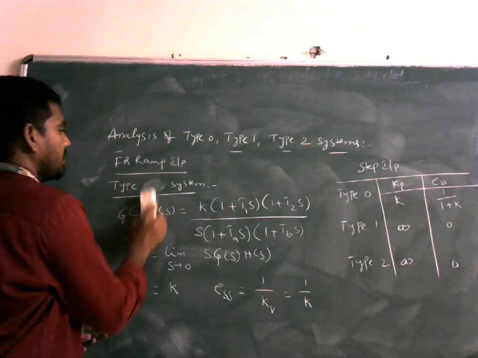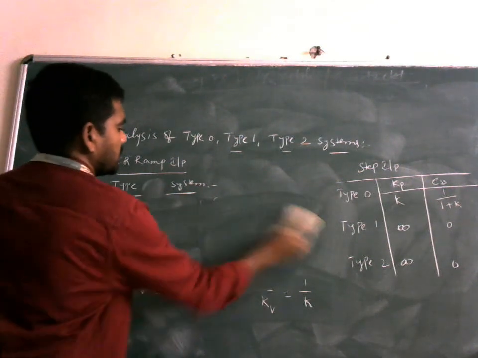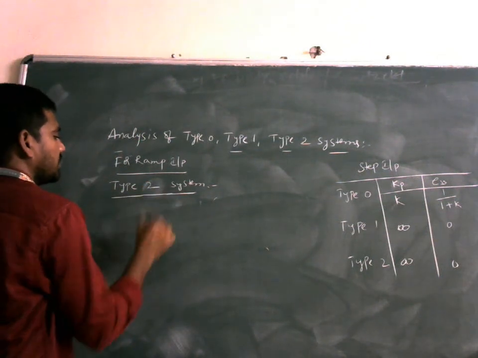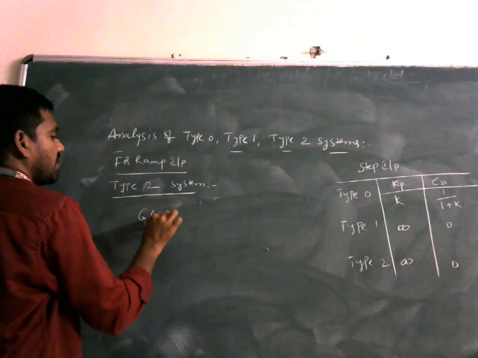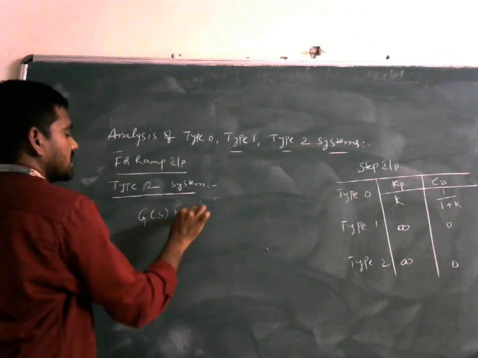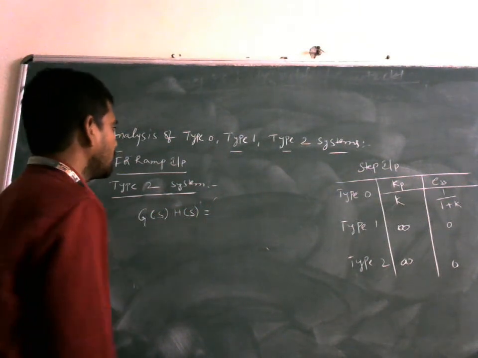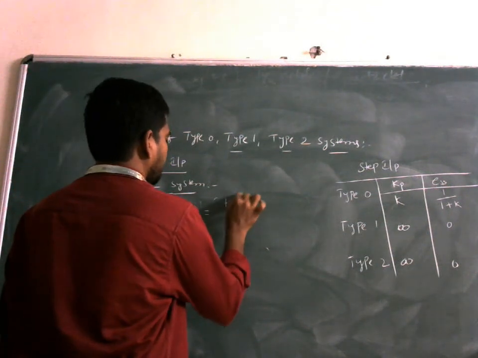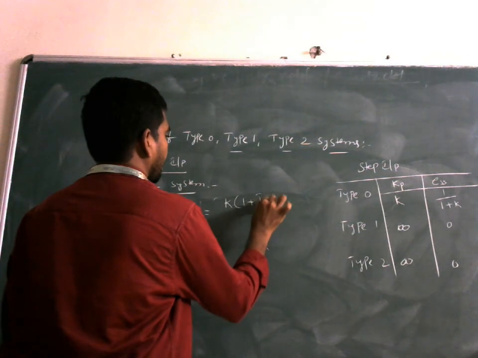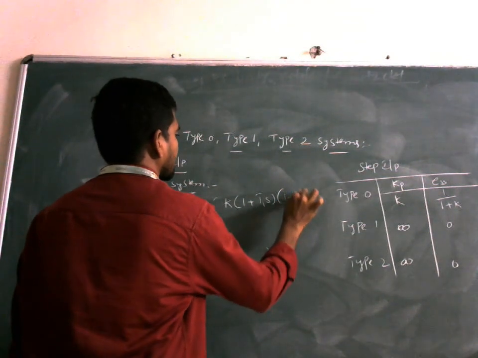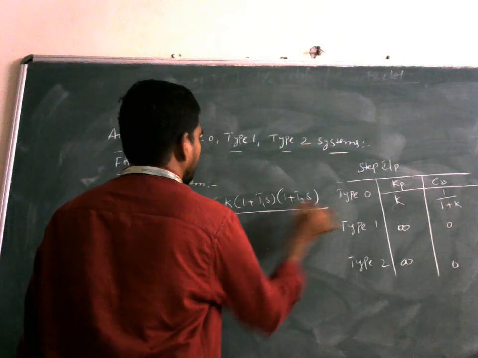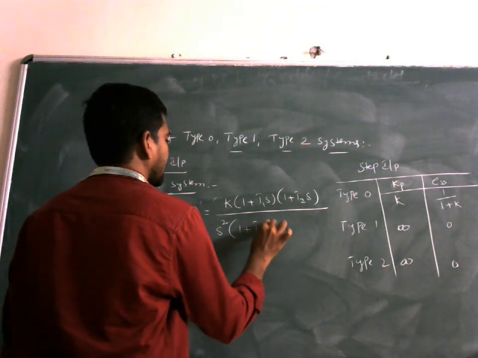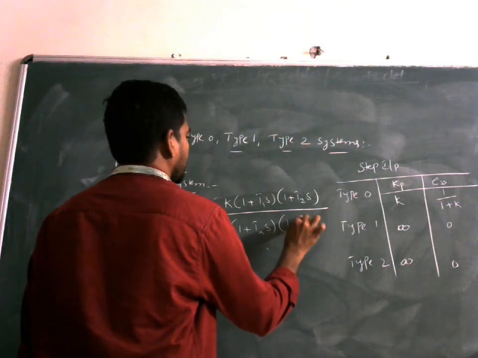Next, which type do we need to go to? Type 2 system. For type 2 system, the transfer function will change. G of s into h of s is equal to K into (1 plus T1s) into (1 plus T2s) whole divided by s square into (1 plus TAS) into (1 plus TBS).